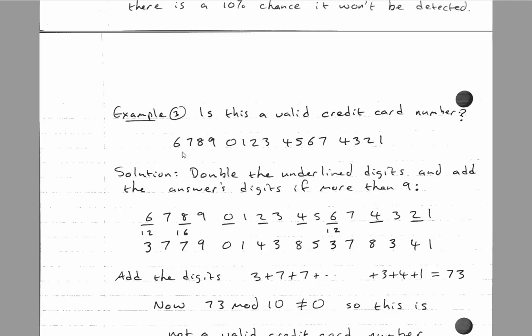Starting with the first number, we double every other digit. Here we got 12, that's too big, so we add the digits. We get 3. 7. 8 times 2 is 16, add the digits. Also for the 6, we have to add the digits. Alright, so we get this new 16-digit number.